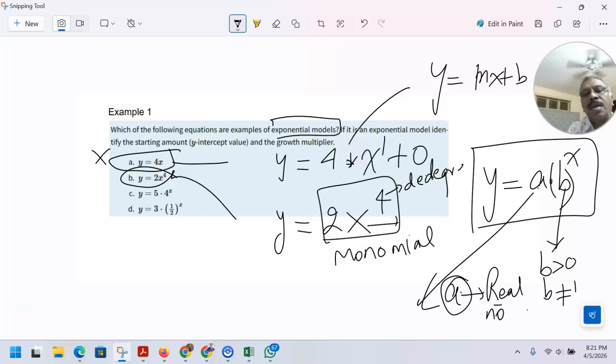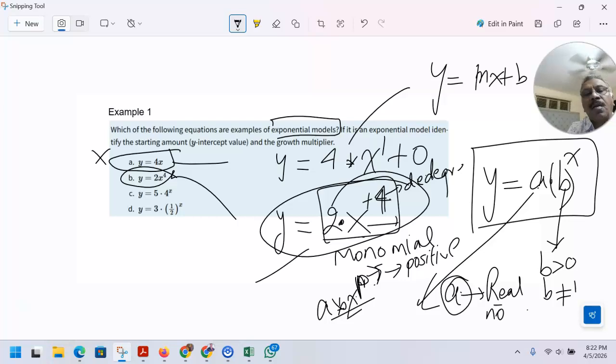This is a monomial because it is of the form some real number a times x raised to m, where the exponent has to be a positive integer. It can be zero also, but an integer. So here this is 4, which is the degree, and this one is a polynomial, which is also called a quartic.